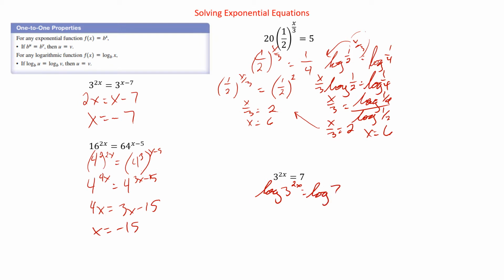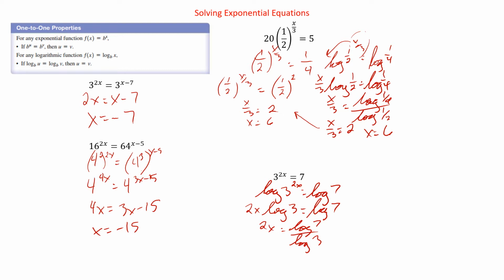The 2x can come out in front. And then we can divide by that log 3 to get 2x equals log 7 over log 3. Now log 7 is an unpleasant number. Log 3 is an unpleasant number. This time when we divide them, we're probably still going to end up with an unpleasant number.